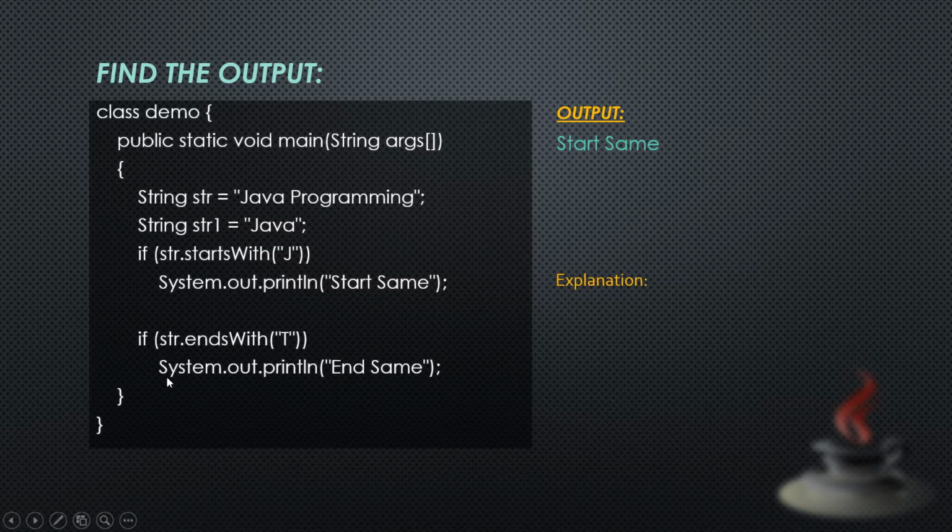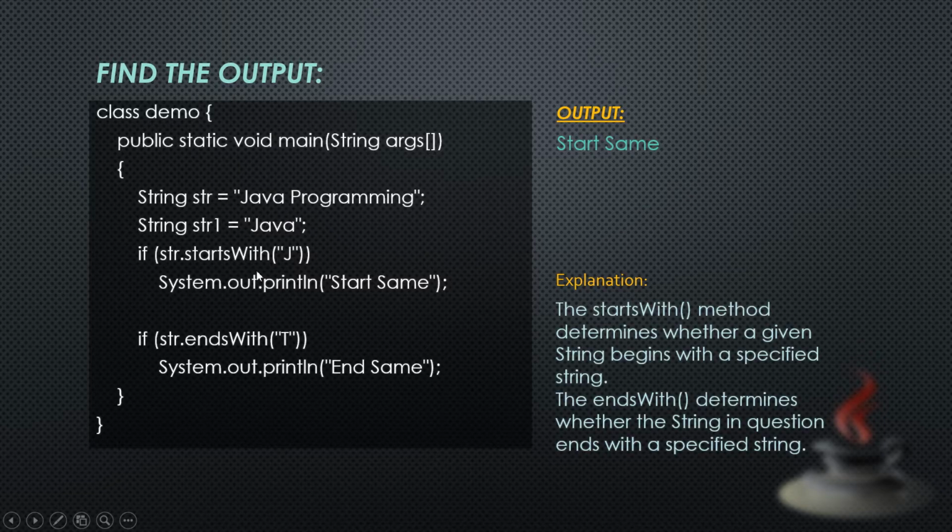So the condition is false, and the end same is not displayed. But in your first case, startsWith J is satisfied with the provided string, so it returns the true value in your if statement, so it displays start same.